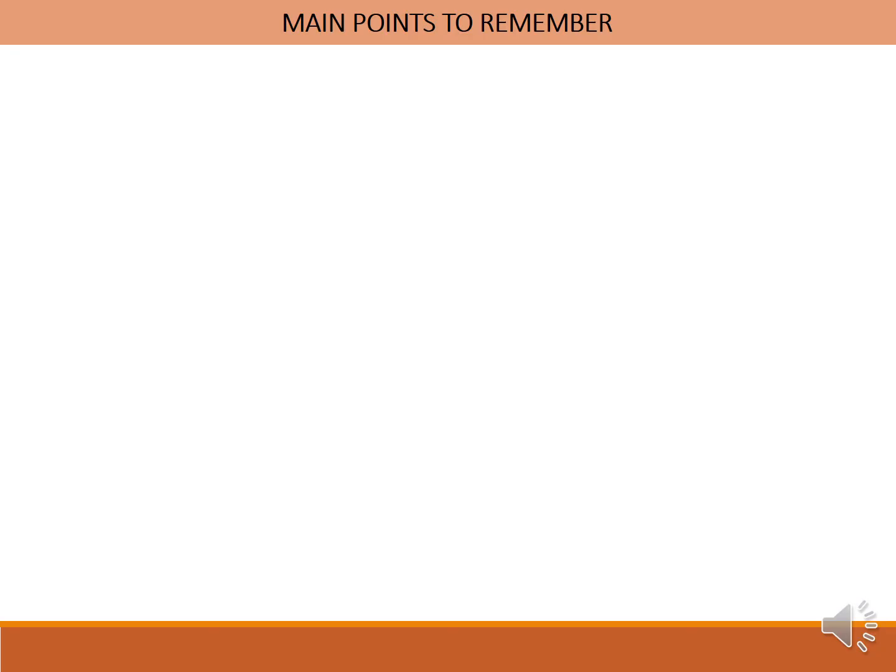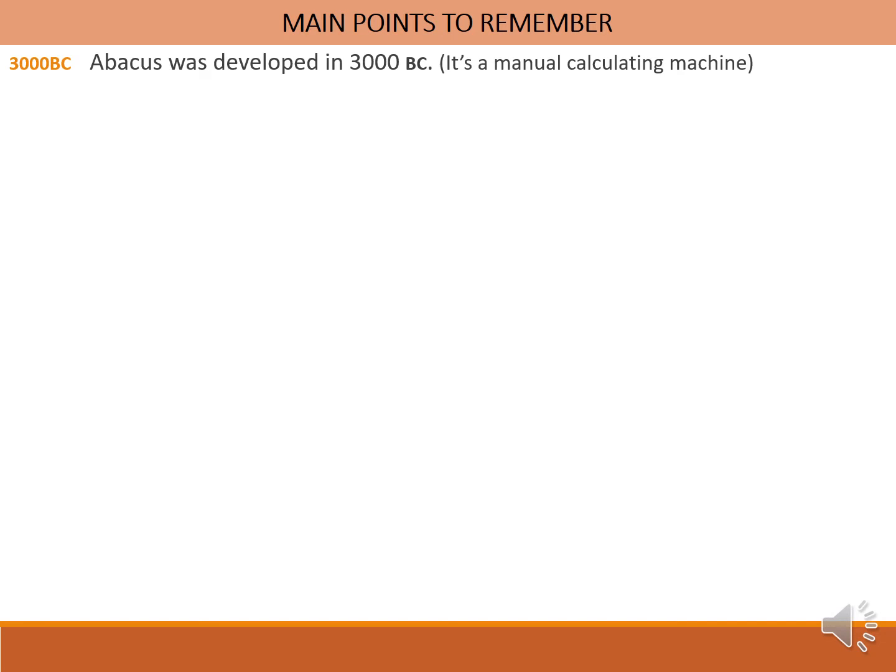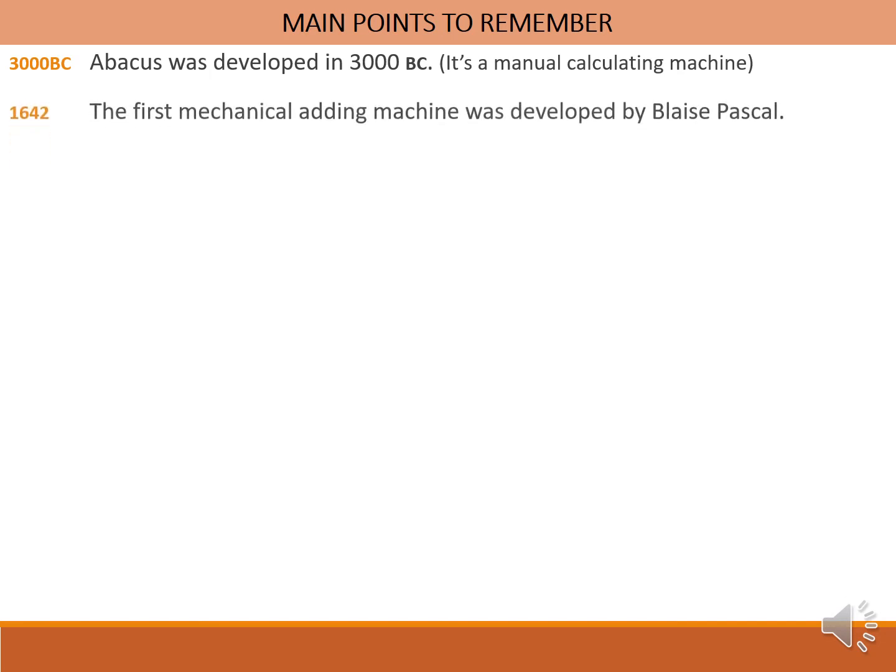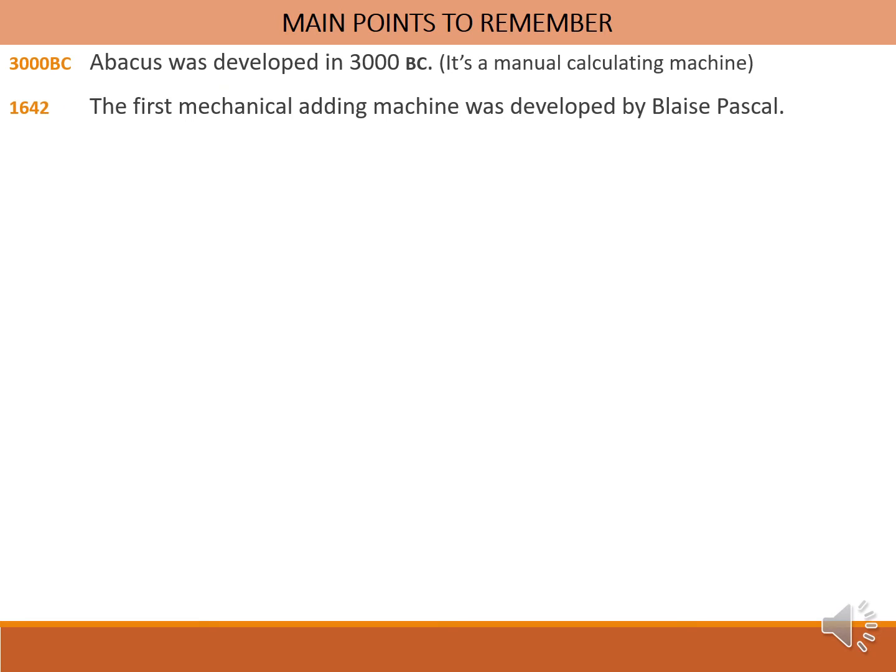Main points to remember. In 3000 BC, there was the development of the abacus, and it was the first manual calculating machine. In 1642, the first mechanical adding machine was developed by Blaise Pascal. In 1833, the analytical engine was developed by Charles Babbage.